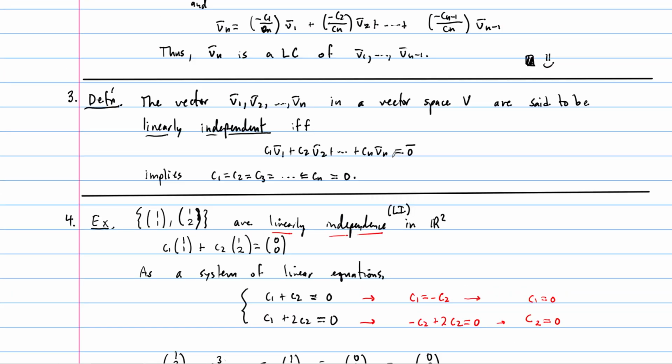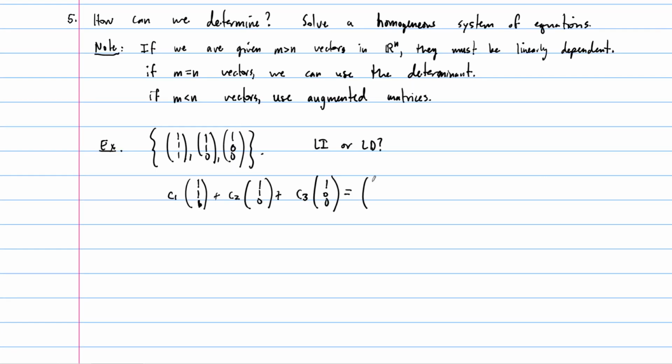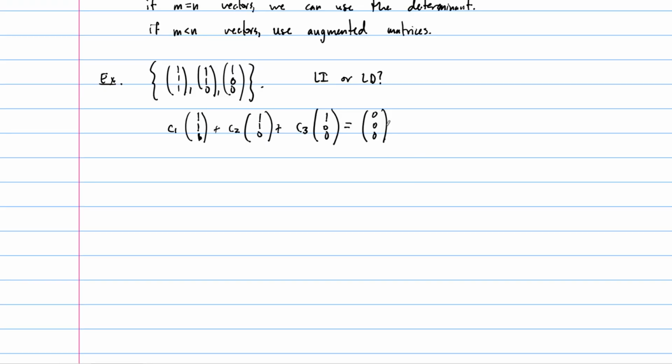Remember our definition is that it adds up to the 0 vector, and then we have to solve for these unknown coefficients. And if we find that they only have the trivial solution, that C1 equals C2 equals C3 equals 0, then we get linear independence. If we get any other solution, then we have dependence, right? So that's the idea. But the whole point here is that the right-hand side is the 0 vector, so it's a homogeneous system.